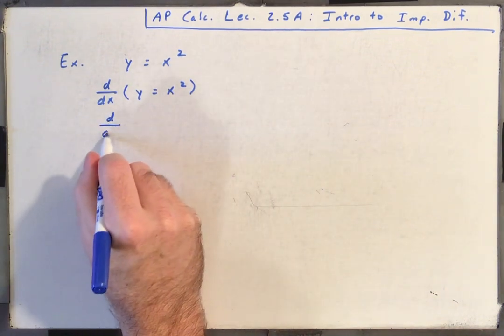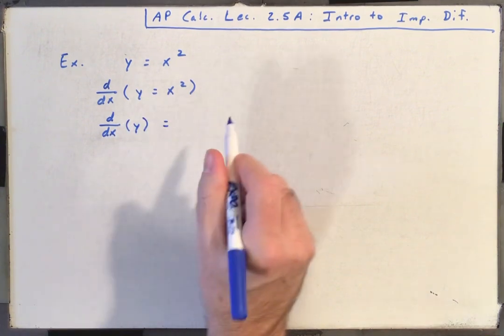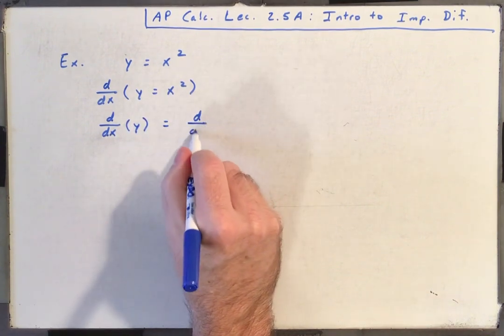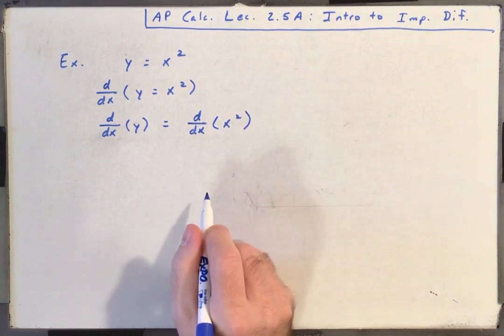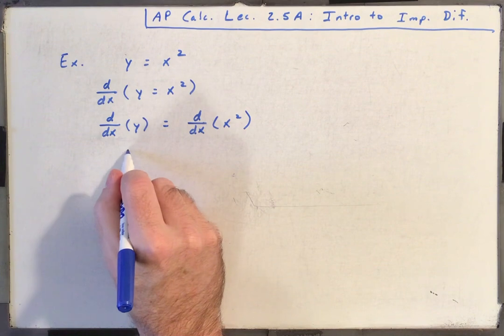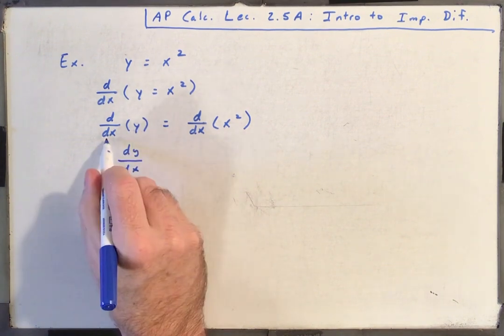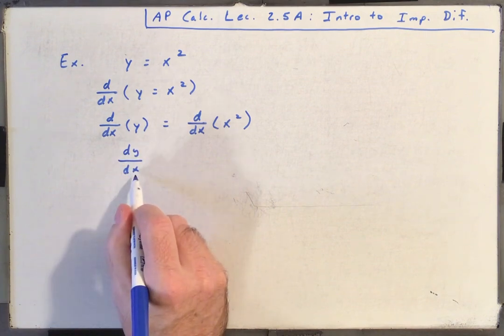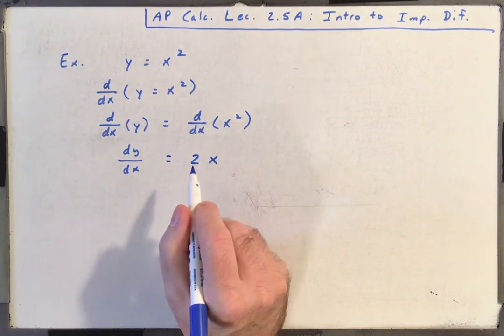We won't do it this way every time. We're taking the derivative with respect to x of y and the derivative with respect to x of x squared. So this is dy dx. The derivative of y with respect to x, just y by itself, is dy dx. And that's 2x.